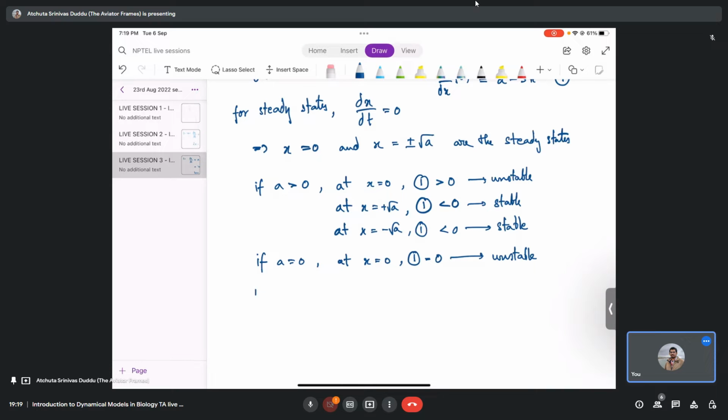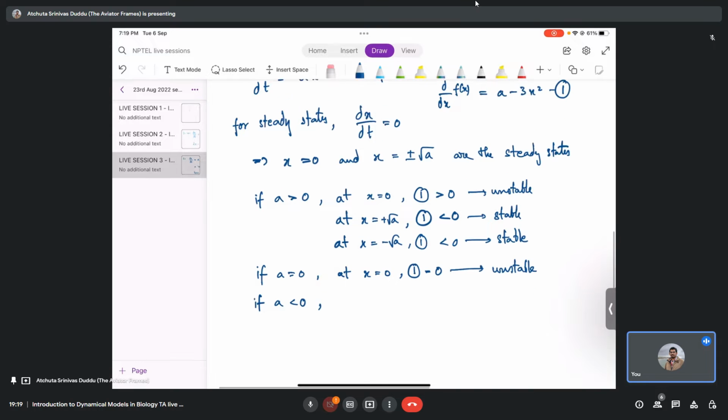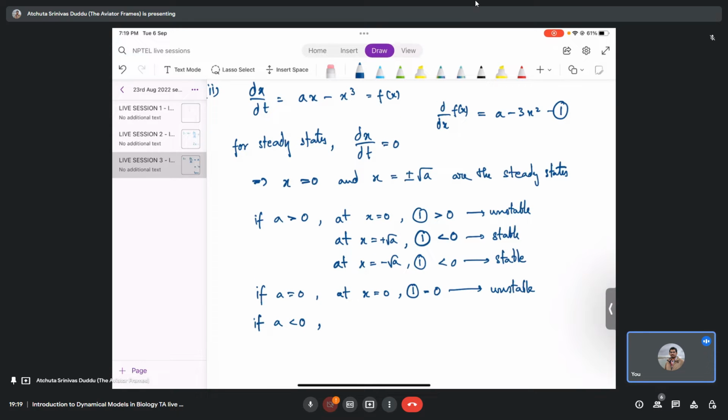So let's just check if a is less than 0, then complex numbers come up, since we have a root of a negative value. At x equal to 0, 1 is negative.